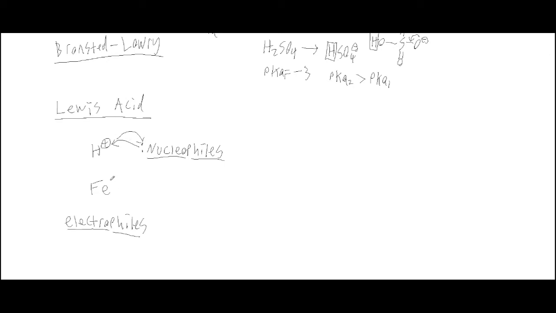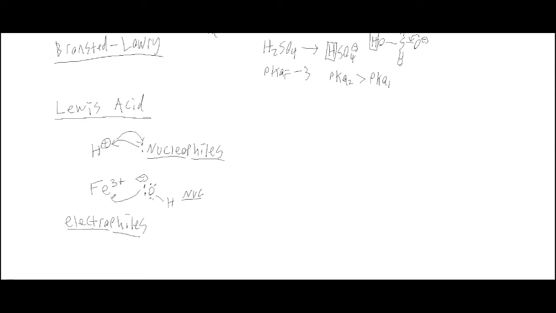So if we have something like iron 3 plus, then we can have some kind of nucleophile, which maybe we'll say is our OH minus. So this is our nucleophile, sometimes just shortened to nuke, and this is our electrophile or Lewis acid.